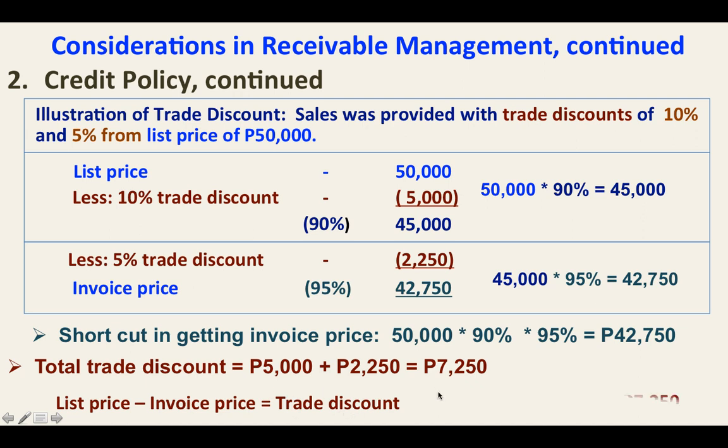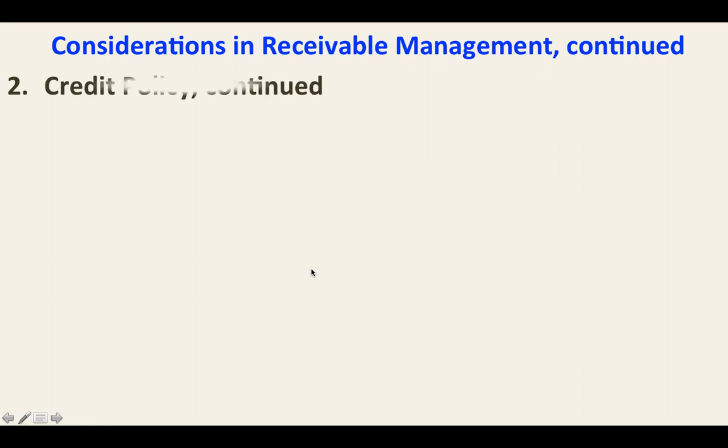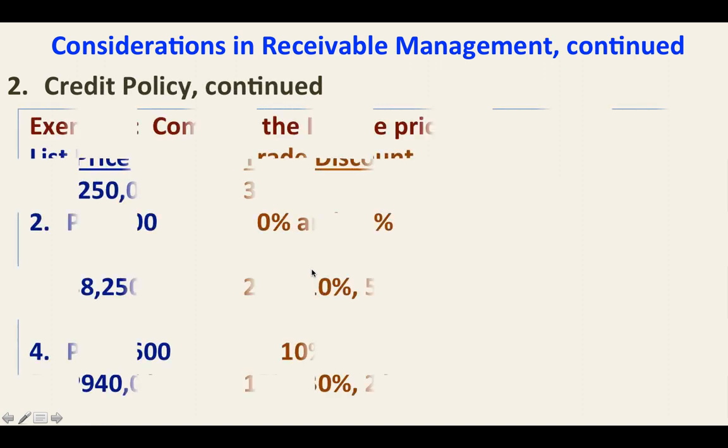That means 50,000 minus the invoice price of 42,750, you get 7,250. Okay? So in classroom problems, you can do the shortcuts. Okay, class? Depends, of course, on what is being asked.